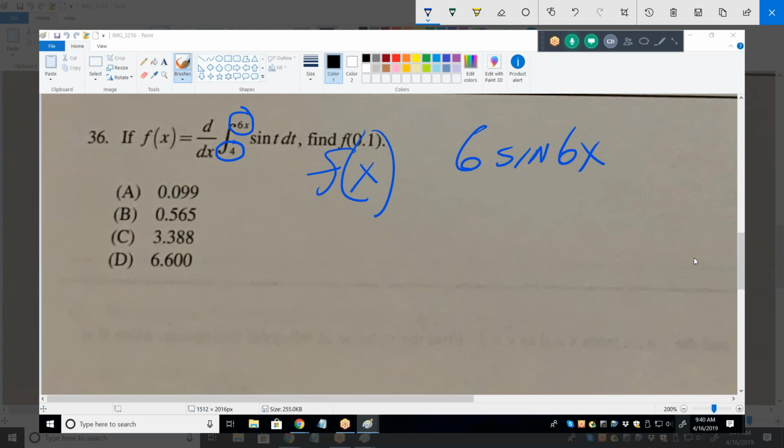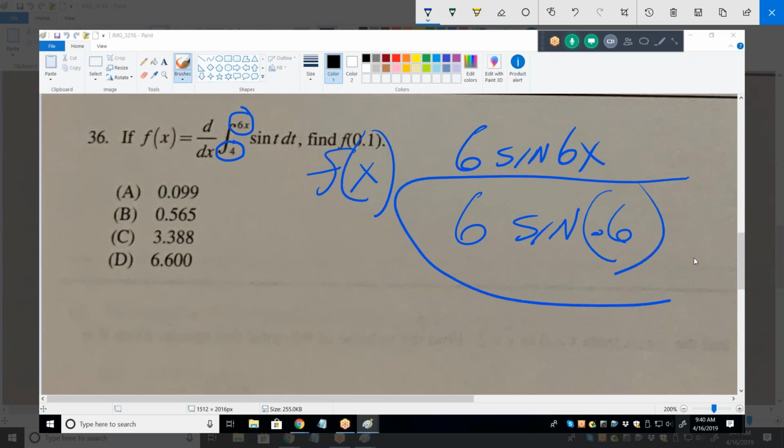Okay, and then since this is calculator, I would just plug in 0.12 x. Yeah, in other words, we got 6 times sine of 0.6. So whatever that is, as long as you're in radians, always make sure you're in radians. Right. Which answer is not correct?